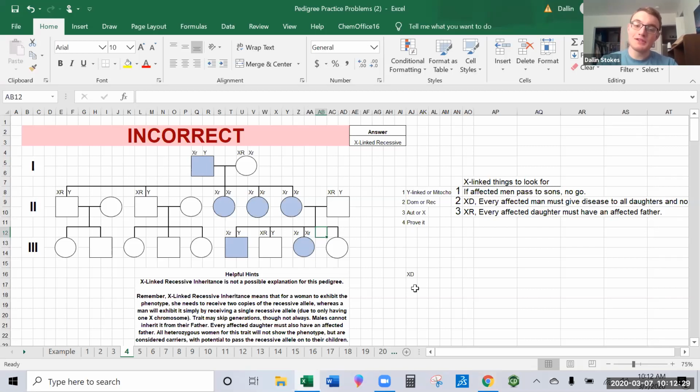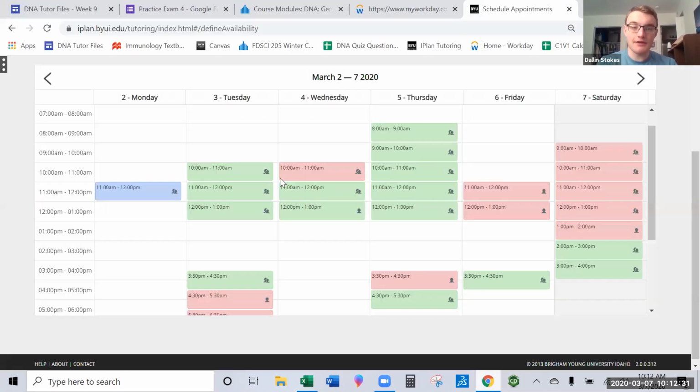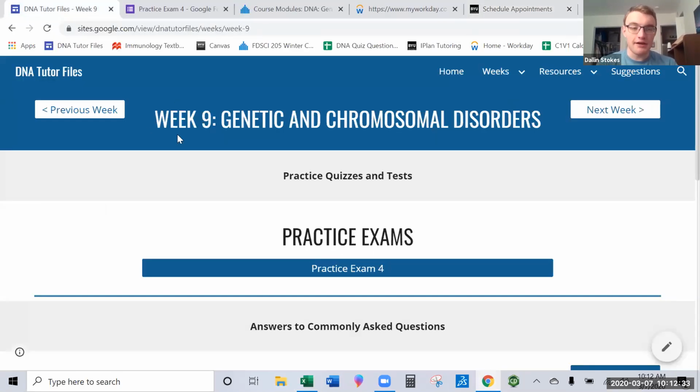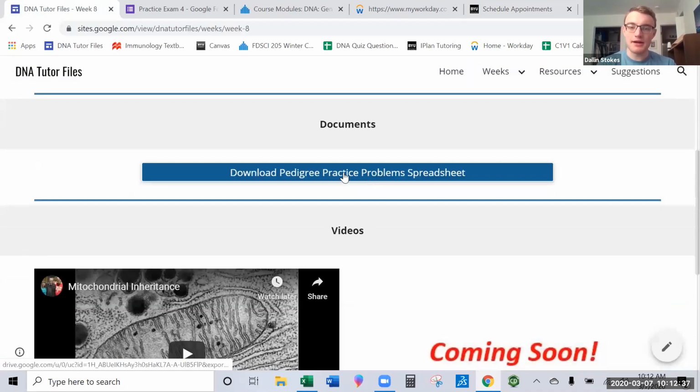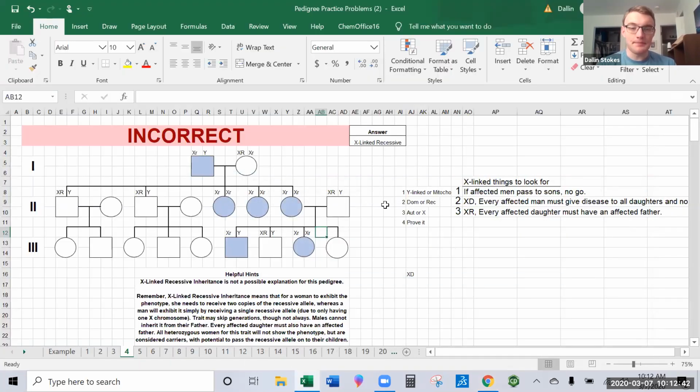This spreadsheet can be downloaded off of the week 8 page of my website right there. It's got 21 practice problems. You select your answer from the drop-down list.